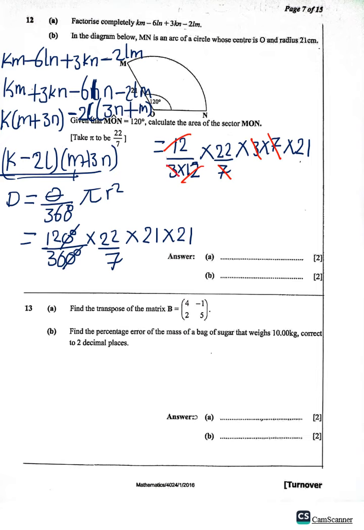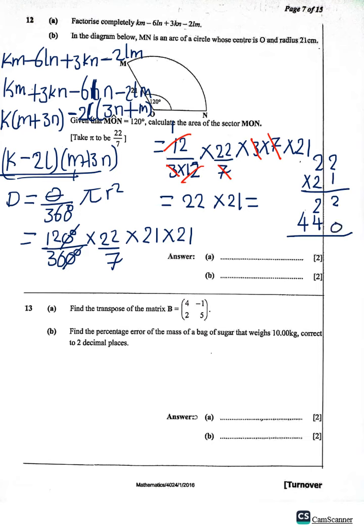So let's see the remaining part. So here we have a 1 times, so we just have 22 times 21. So now let's find the product of 22 and 21. So 1 times 2 is 2, 1 times 2 is 2, 2 times 2 is 4, 2 times 2 is 4.